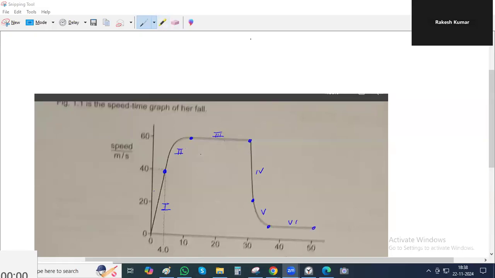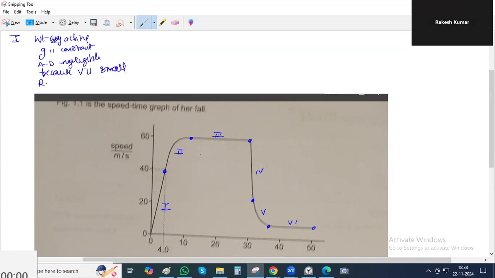So what you say in the first part is weight acting, G is constant, air drag is negligible because velocity is small.